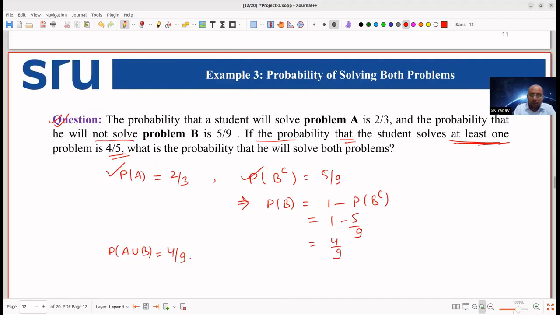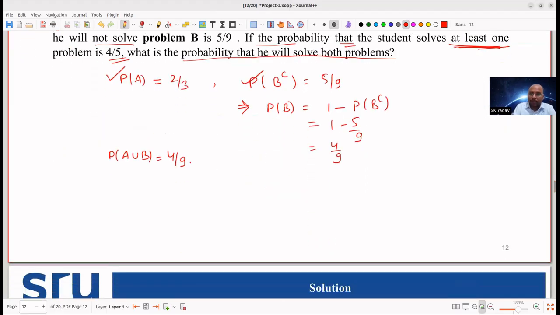What do you have to find? What is the probability that the student will solve both problems? That means you have to find probability of A intersection B. So it's a very easy one.